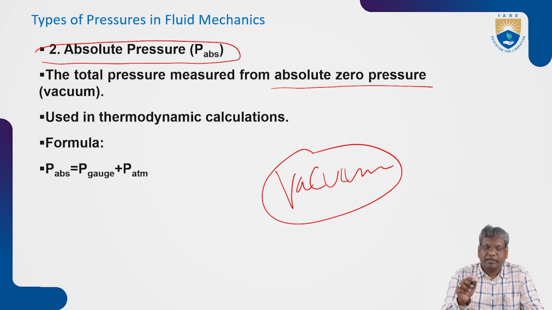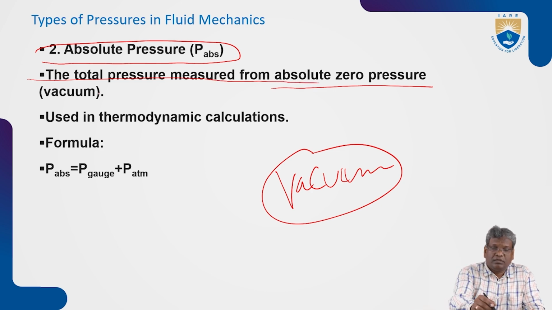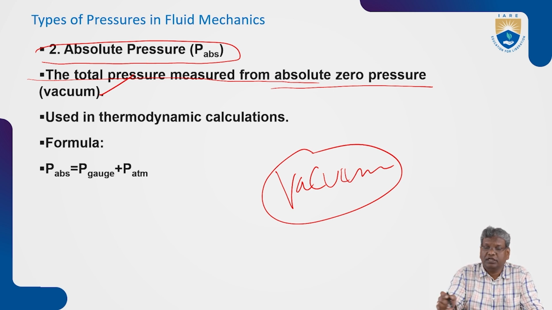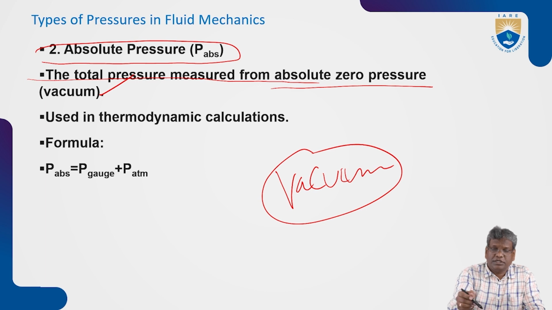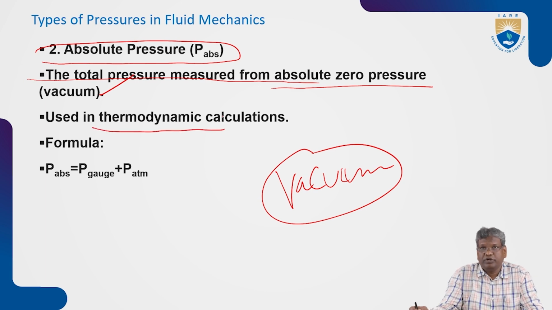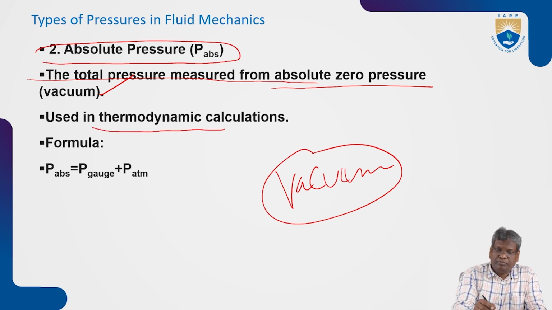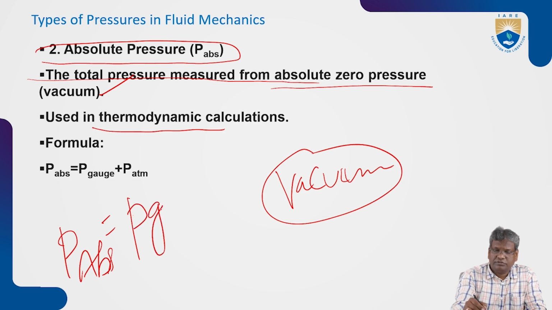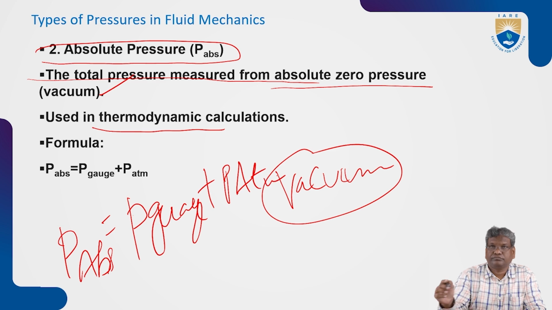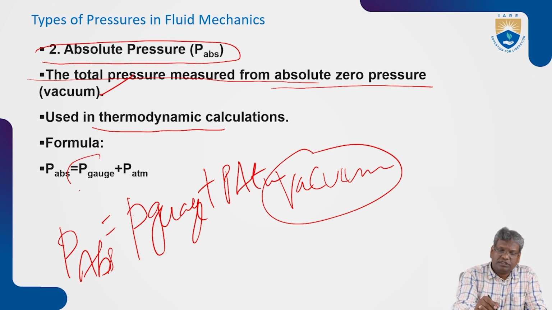So the total pressure measured from the absolute zero pressure is known as absolute pressure. These vacuum pressures are generally taken into consideration in thermodynamic calculations. In terms of formula, we can write P absolute equals P gauge plus P atmospheric. P gauge is gauge pressure.